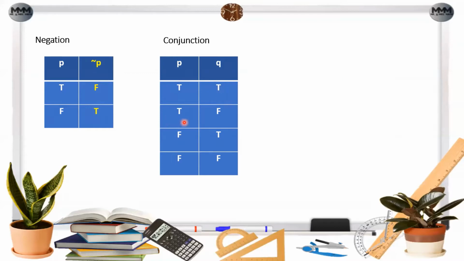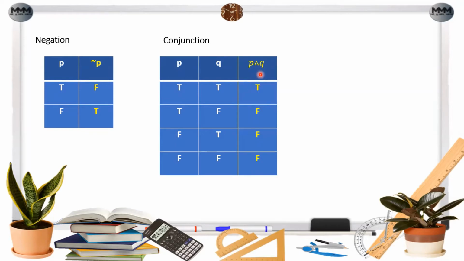And then another one here, P is true, Q is false. Then here, P is false, Q is true. By the way, when we say F, it means false. When we say T, it means the truth value of that proposition is true. So here, false, false.